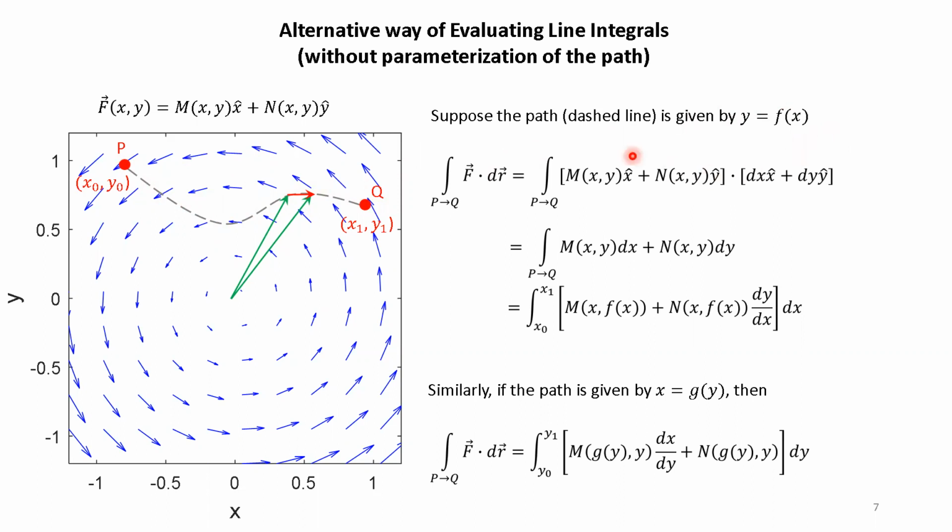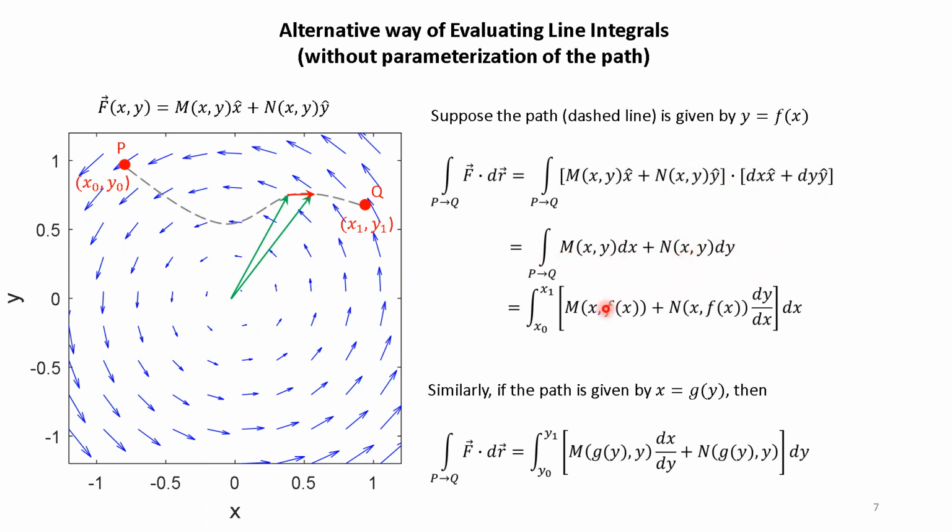What you need to do is that your force is still put here, but this time, instead of writing dr to be dr dt times dt, I simply write dr to be dx x hat plus dy y hat. Then I actually calculate this dot product, and I have these two terms here.